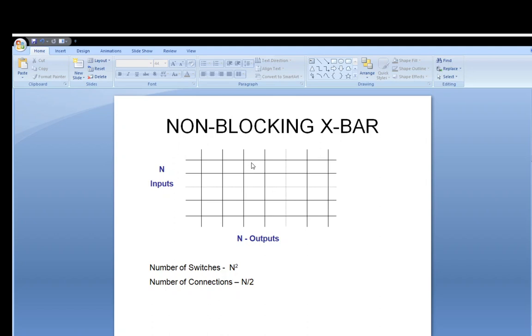So if we assume that there is a diagonal line in this crossbar system, then the switches above or below this diagonal line will be sufficient to provide the non-blocking calls in this switching system.